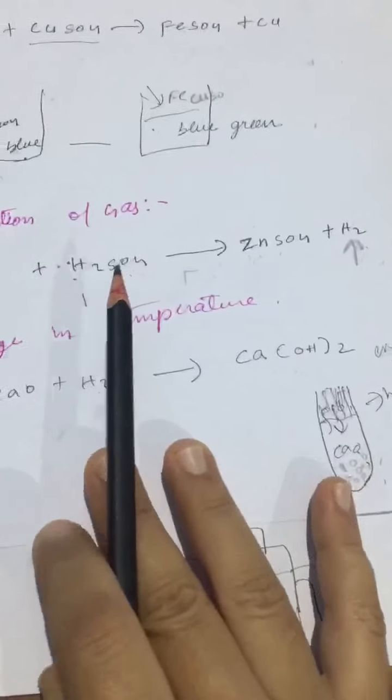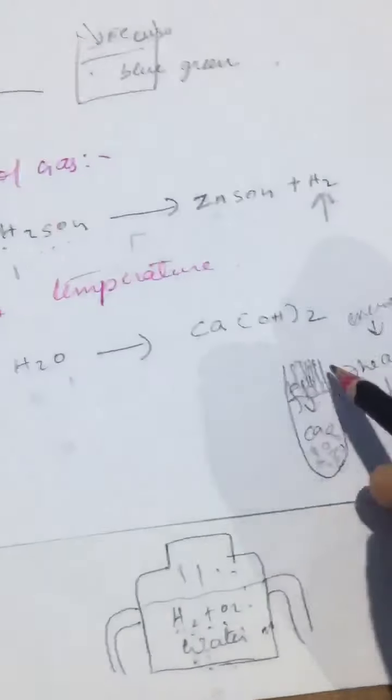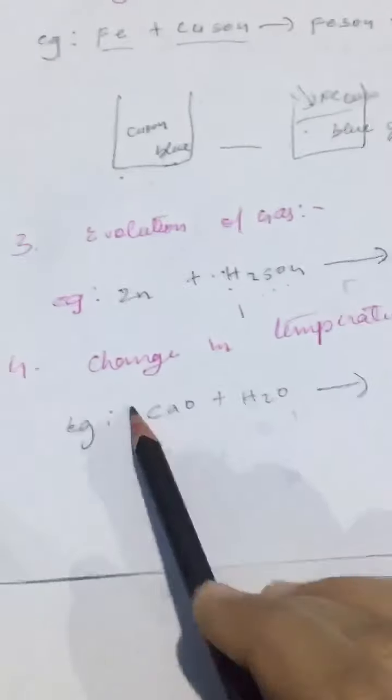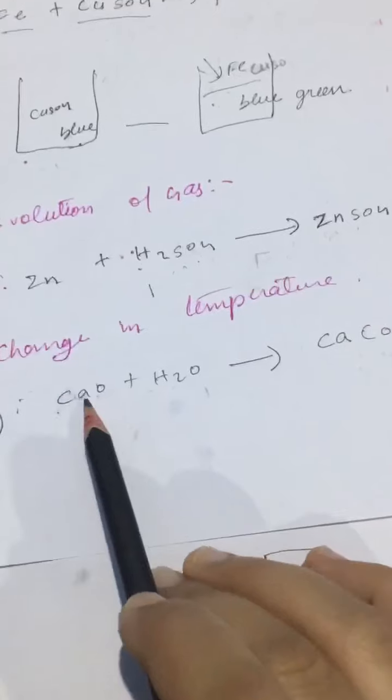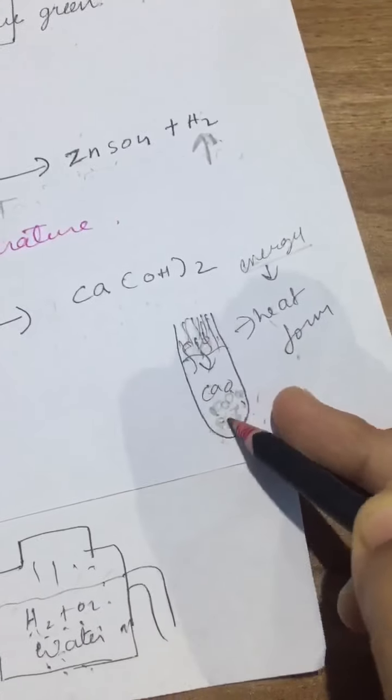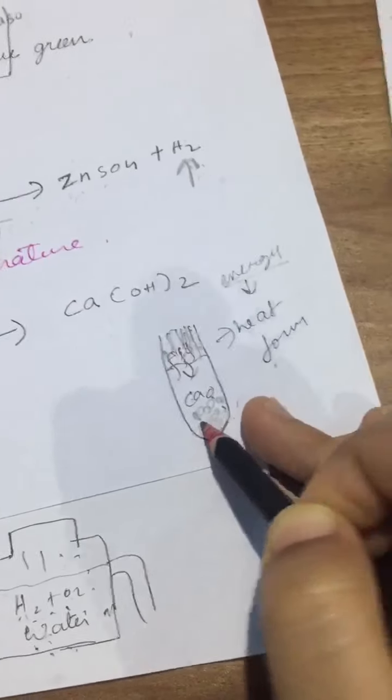I'll explain. The calcium oxide is solid particles. You see those circles, they are solid particles.